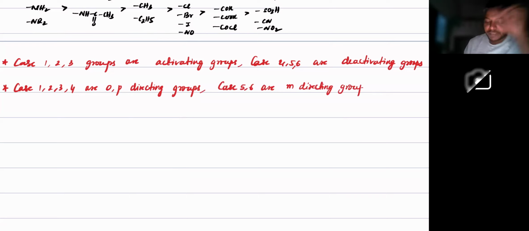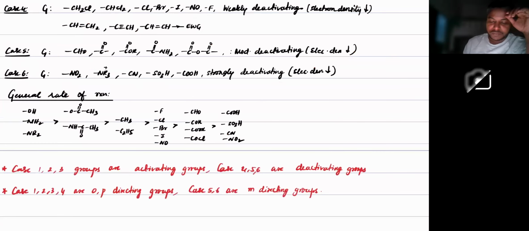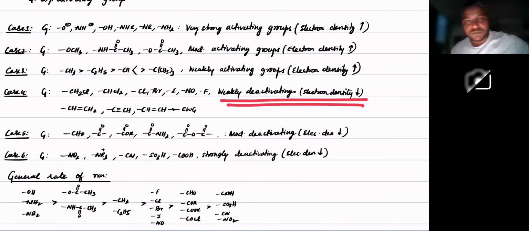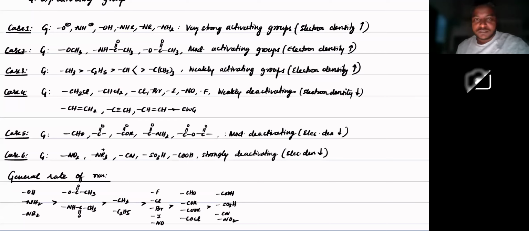So although it appears like 1, 2, 3, 4, if you notice, in 4 it is deactivating. Yet even though it is deactivating, it will be OP directing only. So remember this fourth one is an exception. Although it is deactivating, it will still be OP directing.